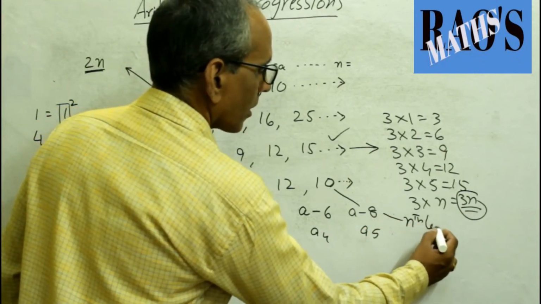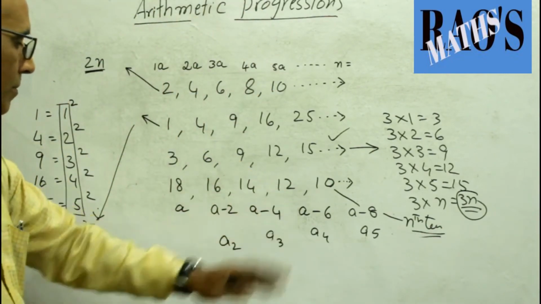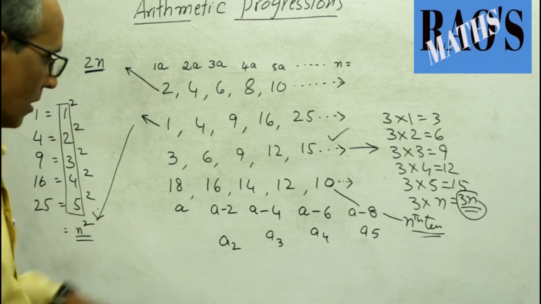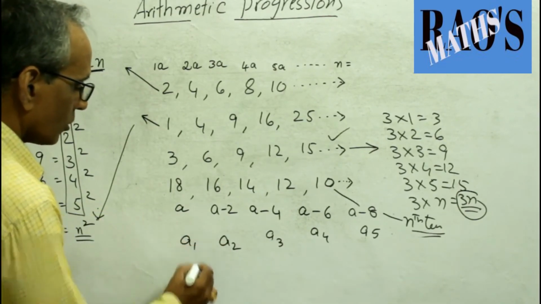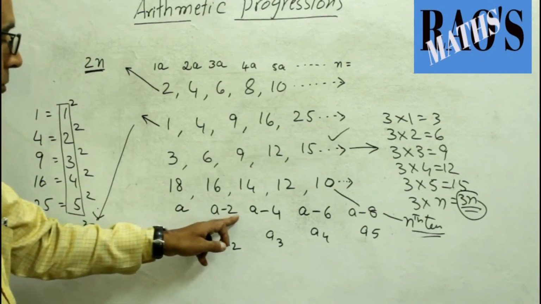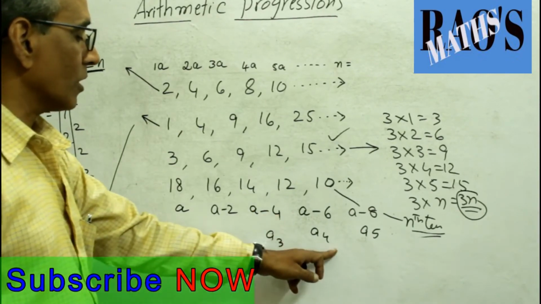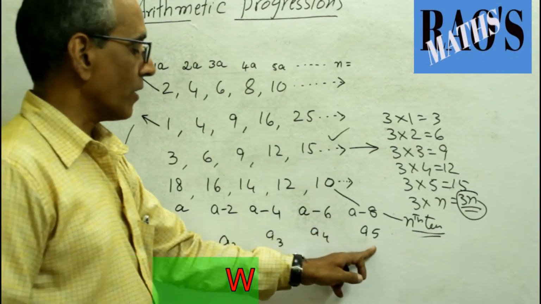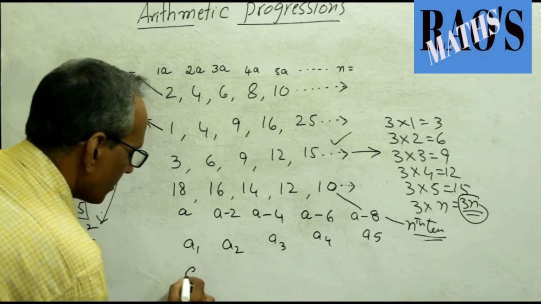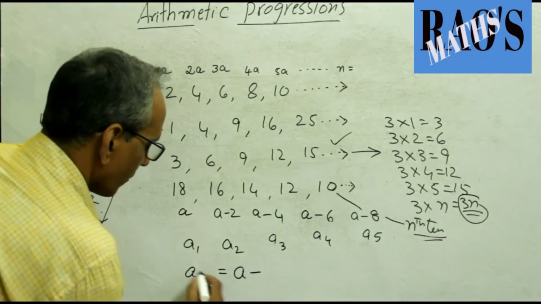The nth term or nth observation in the series when the sequence is in decreasing order. So A1 is equal to 18, A2 is equal to A minus 2, A3 is equal to A minus 4, A4 is equal to A minus 6, A5 is equal to A minus 8. Suppose I want term 10, of course it begins with A minus some value.